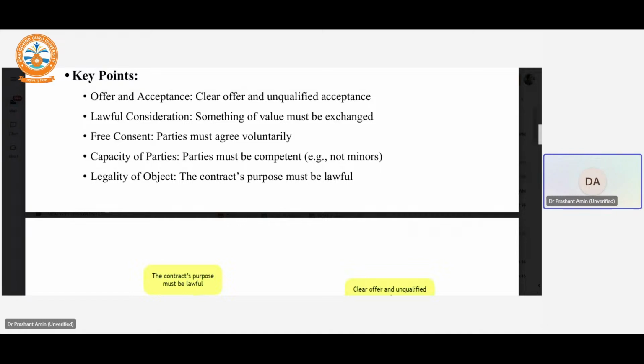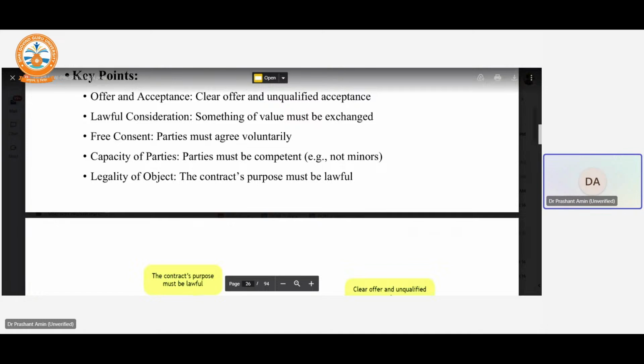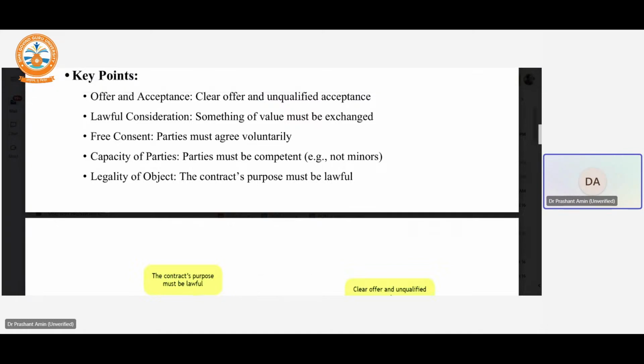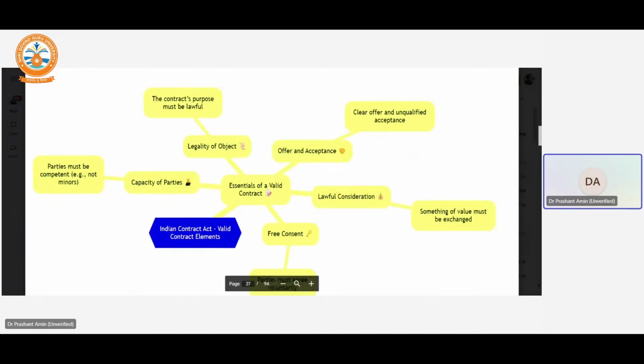Capacity of the party, any general layman will say that if both the parties are not adults, then the contract is invalid. But if you go into the detail of the Indian Contract Act, the contract with a minor is also valid. The condition is that it is for the benefit of the minor, then that particular contract is valid, right? The legality of the object, the contract's purpose must be lawful, right? So that is the idea.